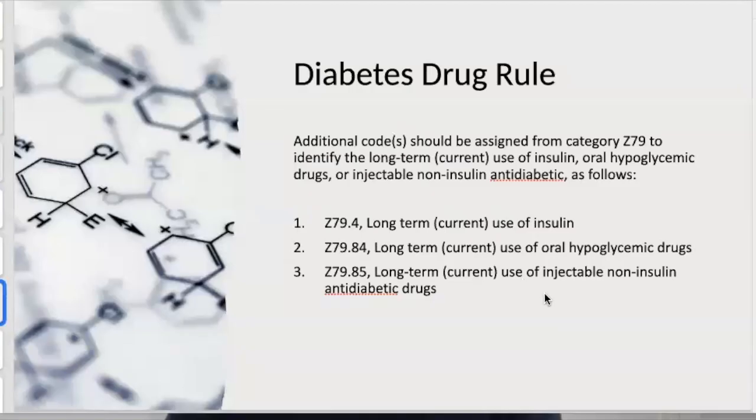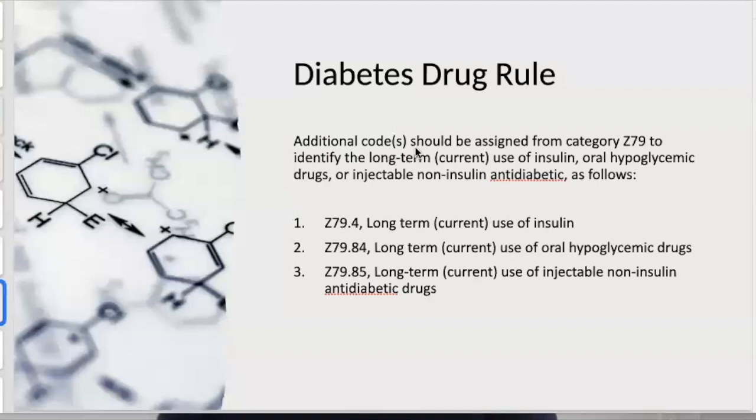Okay, now let's go to the next slide. Let's see what the next slide says here. There is what we call a diabetes drug rule. Okay, what is this diabetes drug rule? Let's read.